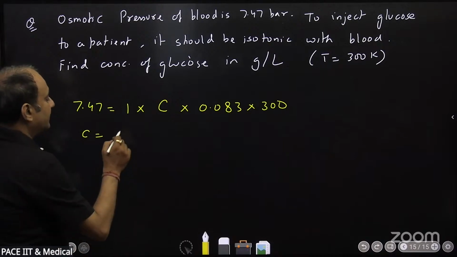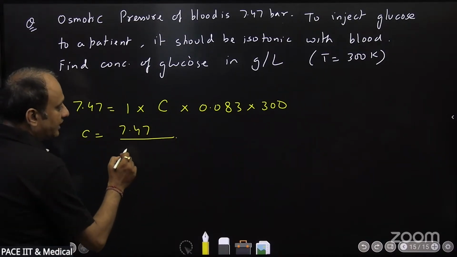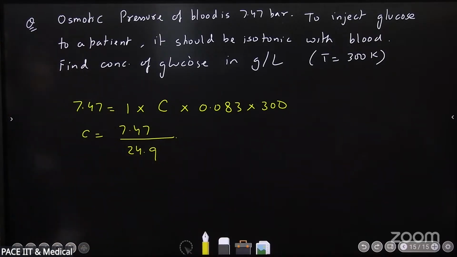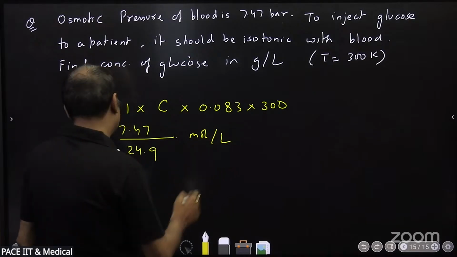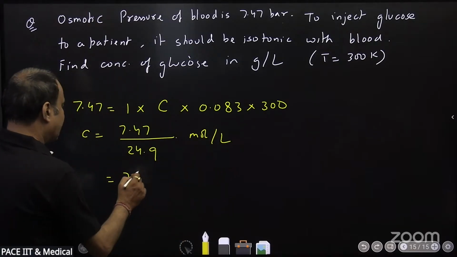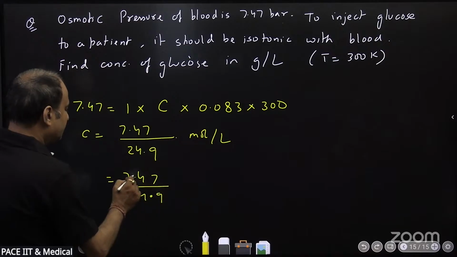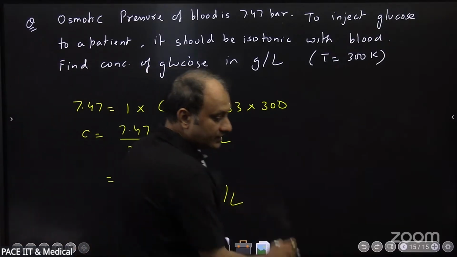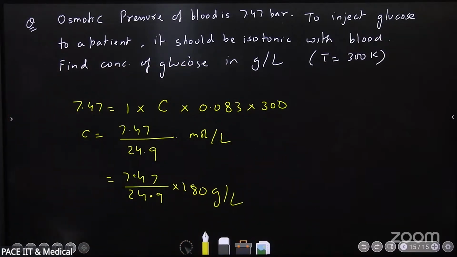So C we get as 7.47 by 24.9. Correct? But this is in moles per liter. So in grams per liter, 7.47 by 24.9 into 180, the molar mass of glucose. Correct?